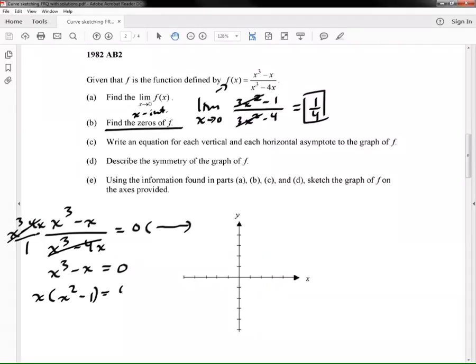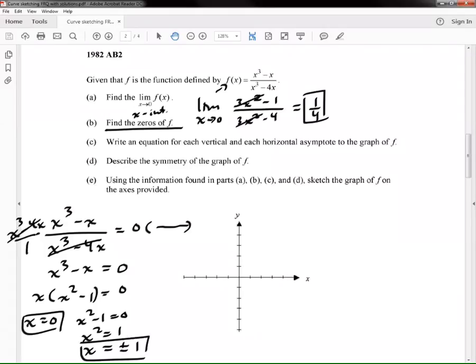That's going to equal 0, and I use the zero product property now. I set x equal to 0, and I set x squared minus 1 equal to 0. This one's already solved, and this one over here I'm going to get x squared equals positive 1, which would be x equals plus or minus 1. So positive and negative 1.